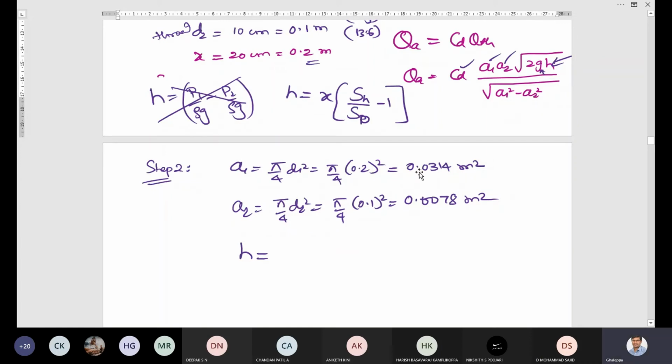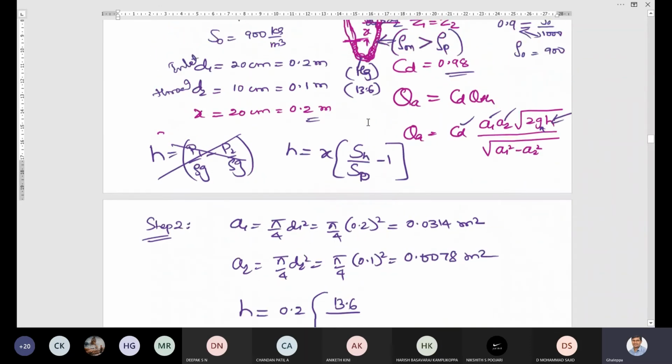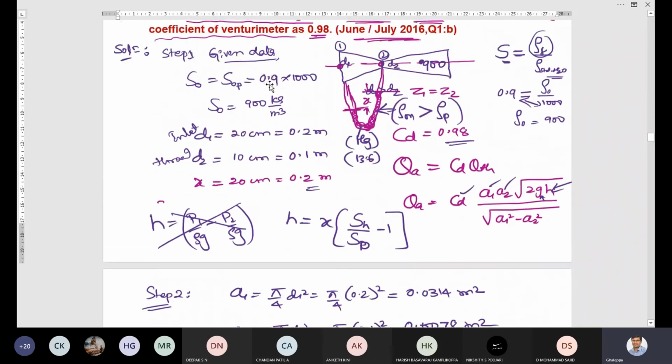So h is equal to something, I will substitute the values. Okay, so h is equal to x is 0.2 into 13.6 divided by, we don't know the specific gravity. Yes, directly it has given the specific gravity. I think the specific gravity is 0.9. Anyway, you have calculated density here, 900 also.